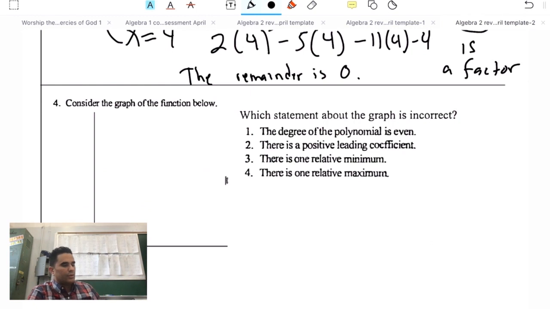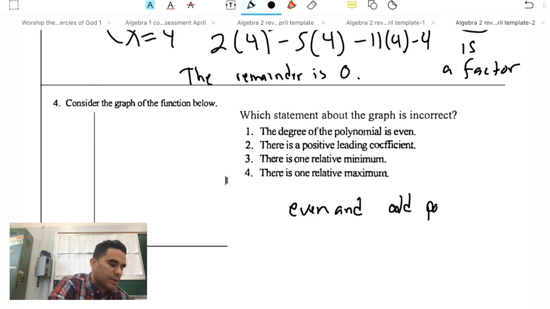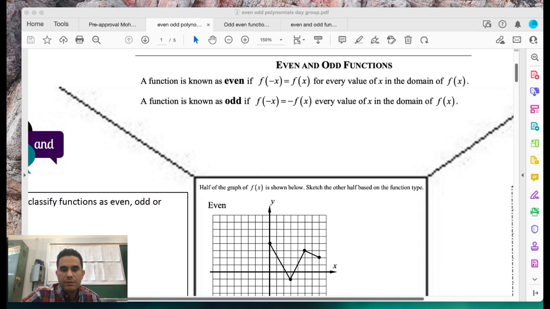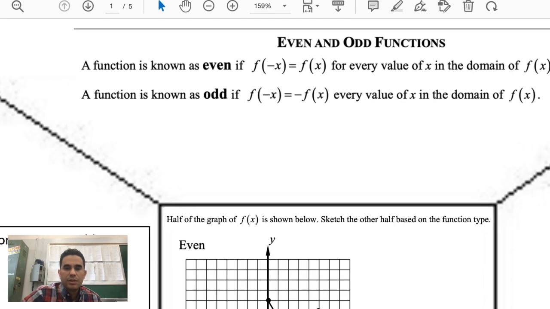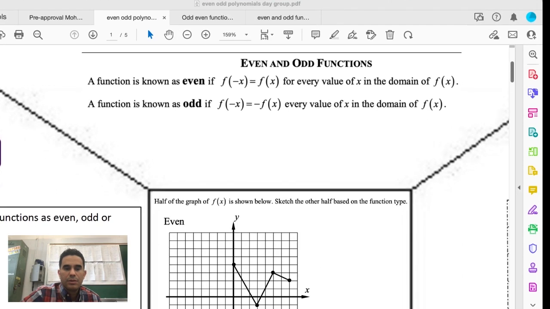Okay. So considering what statement about this graph is incorrect, talking about even and odd polynomials. So this is how you determine it. For even, if you substitute the negative x and the positive x, they're going to be equal to each other.